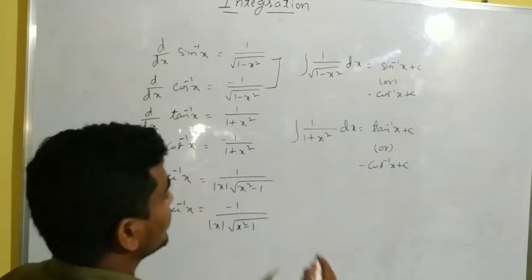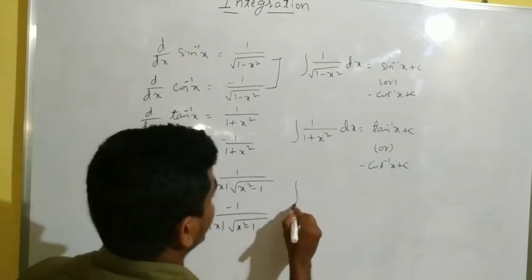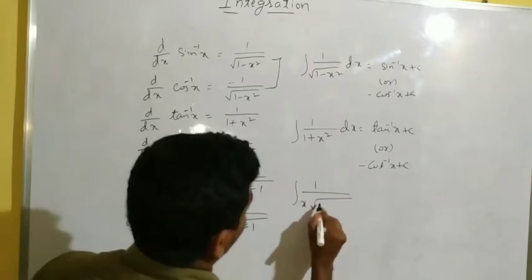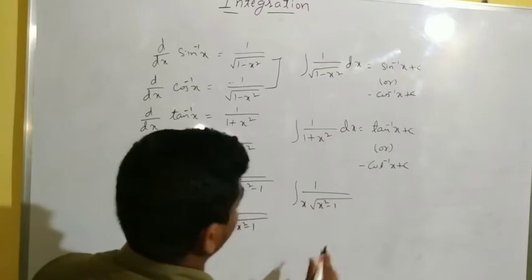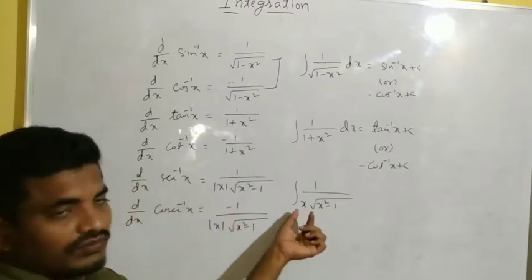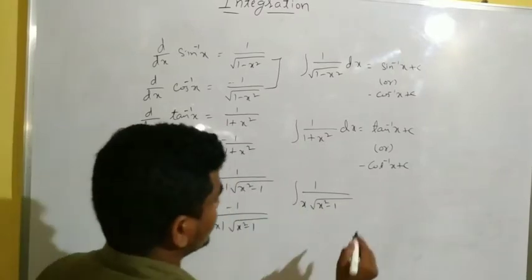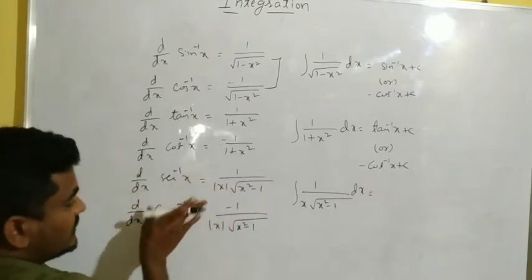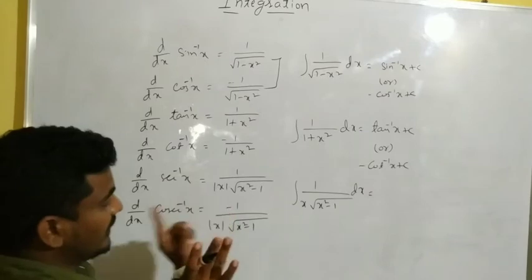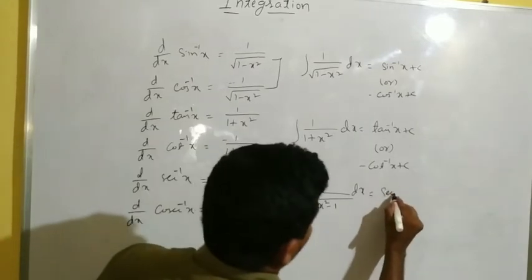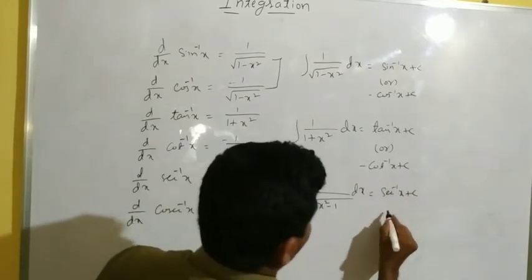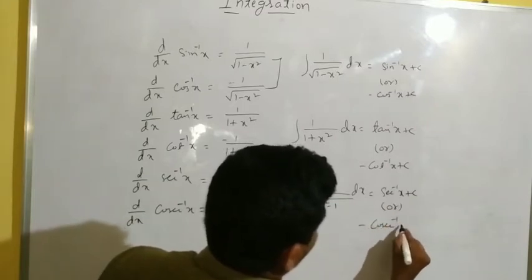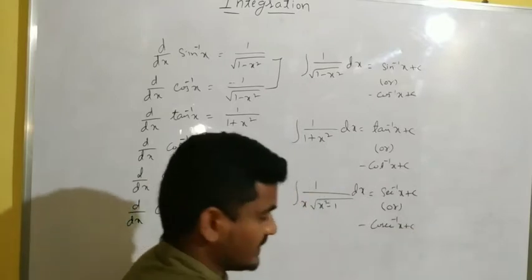And for these, integration of 1 by x into root over x square minus 1, when you do integration, that time we need not take mod here, dx equals secant inverse x plus c or, because here minus is there, minus cosec inverse x plus c.